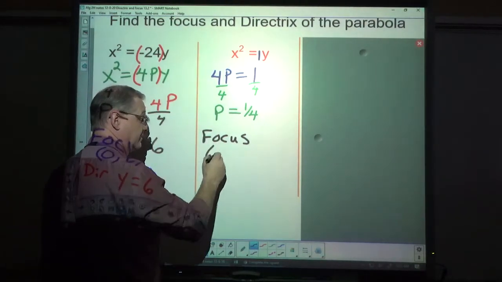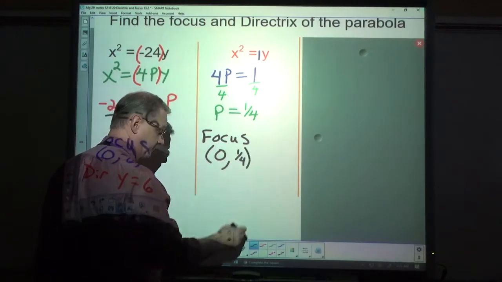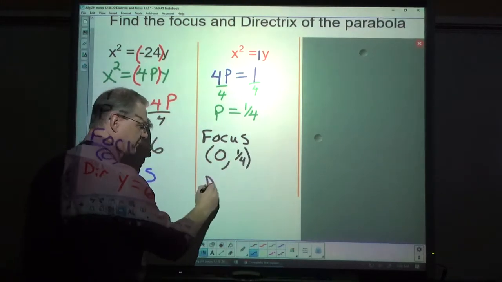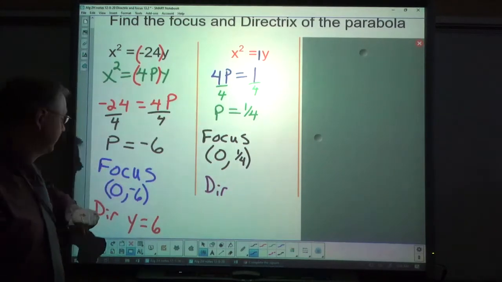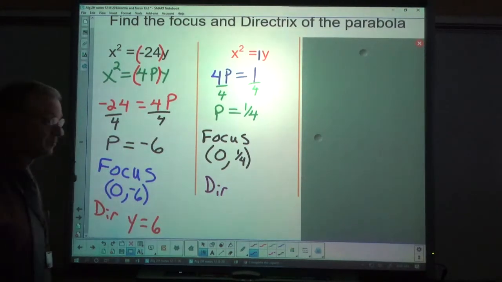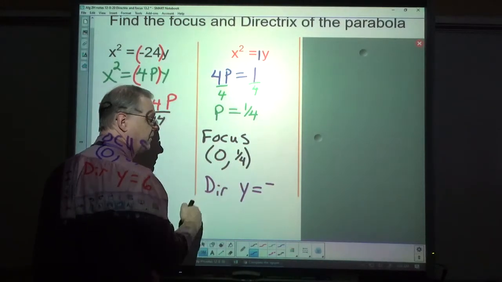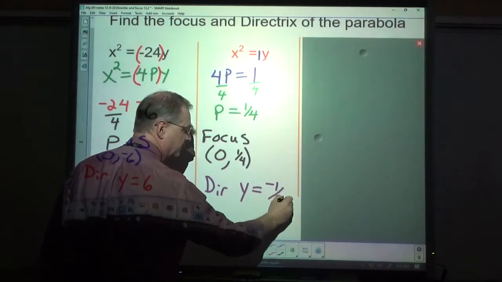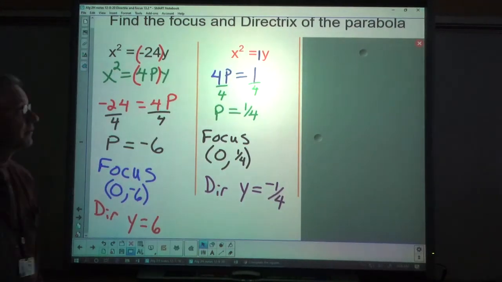So the focus is 0, p. p happens to be 1/4. The directrix here, let's see, y equals negative of p, and negative of 1/4 is negative 1/4. And there is your answer there.